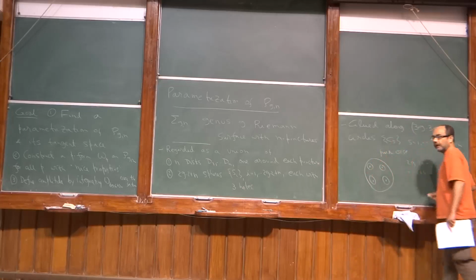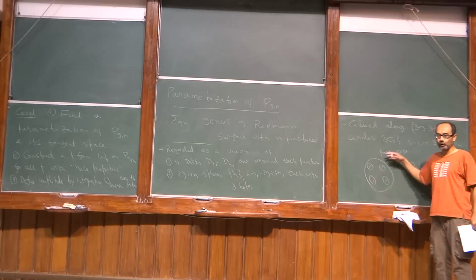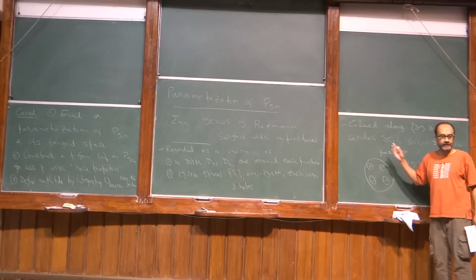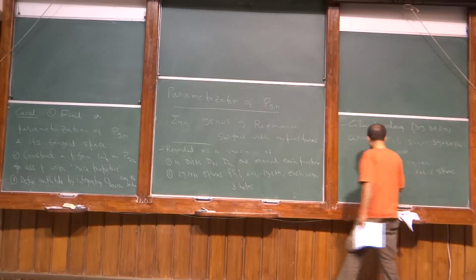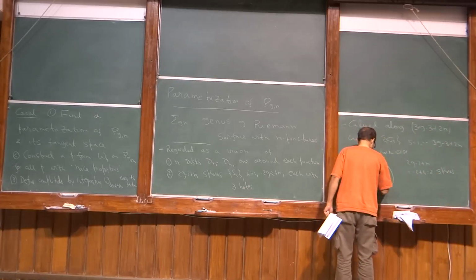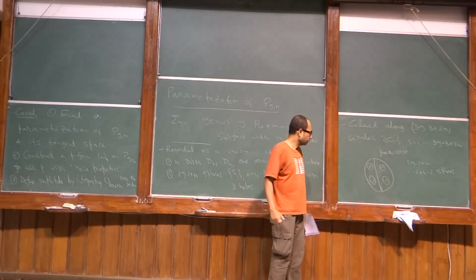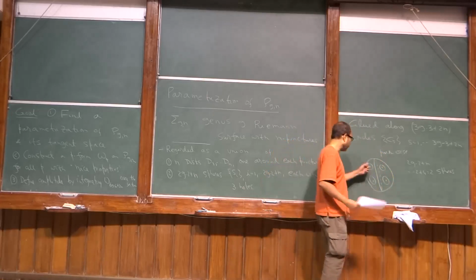And these will have 3 holes. Now here we have a sphere with 4 holes. That's not what we want. We want 2 spheres each with 3 holes. So we cut, consider a division like this. Now you see that we have 4 disks.